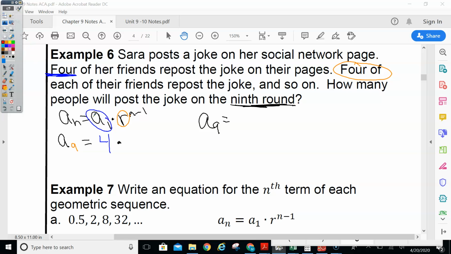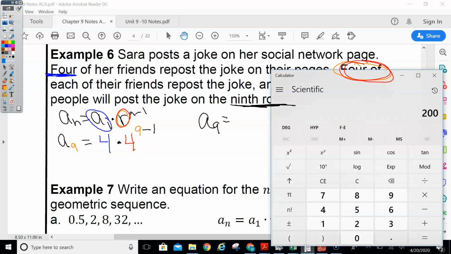So r is going to be 4 as well. That's this 4. And then we want to know how many know in the 9th round. So we're going to do 9 minus 1. So again, just using the computer calculator here, I'm going to do 4 times 4, exponent, and then 9 minus 1.